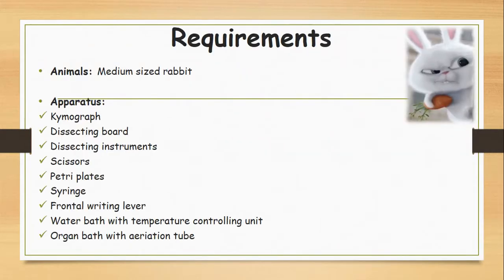Requirements are: first one is animals, which requires a medium size rabbit; apparatus: kymograph, dissecting board, dissecting instruments, scissors, petri plates, syringe, frontal writing lever, water bath with temperature controlling unit, organ bath with aeration tube.